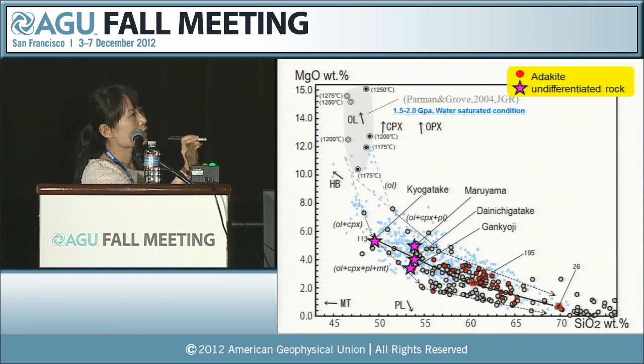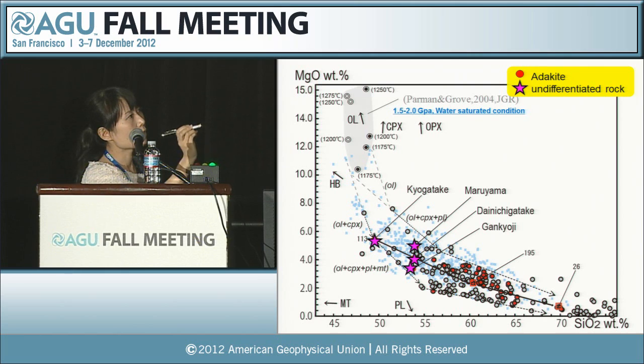This is the silica and magnesium diagram. Adakite and undifferentiated rocks both are on the trend fractionated with olivine, pyroxene, plagioclase, magnetite, and amphibole, which are contained in volcanic rocks.